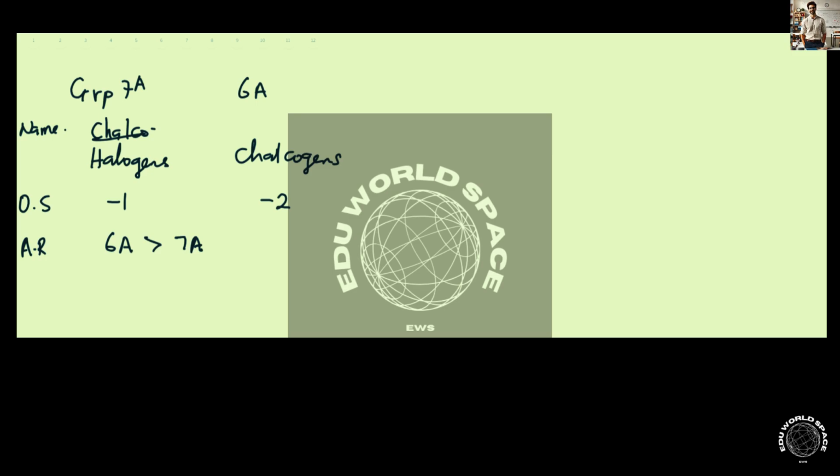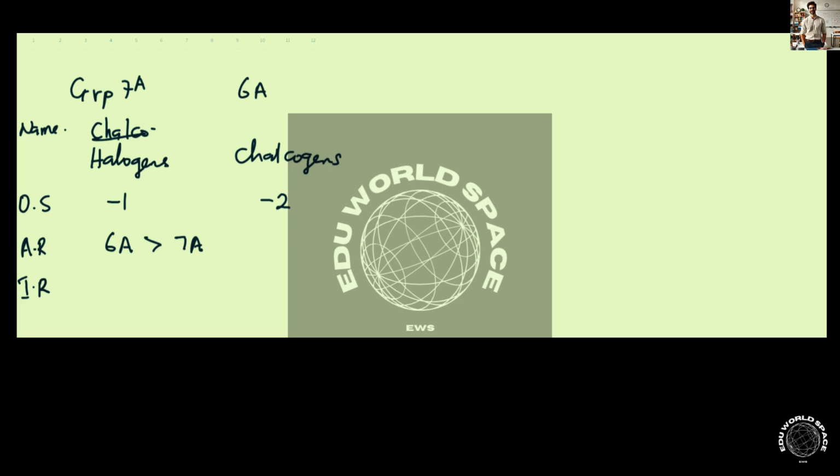The next one is ionic radii, IR. So how do we come about ionic radii?